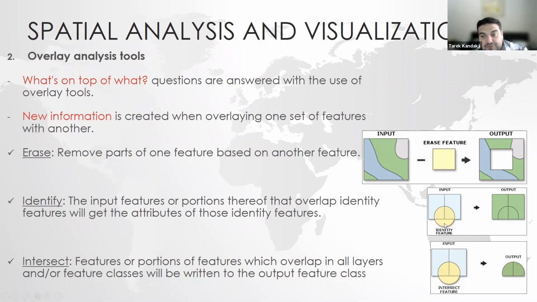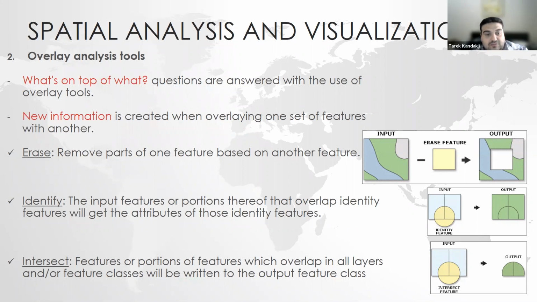What you do, you just put this over this one, and all the information in this will be shared with this one. Like overlap, the features will get the attribute table, the attributes of this information where the overlap happens. It will be included in the output data set. So it creates a new output with new information added to the attribute table.